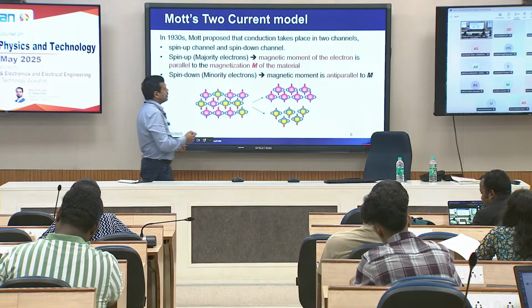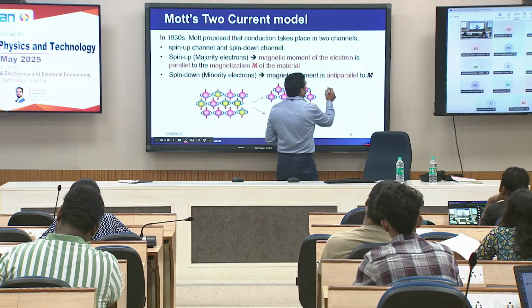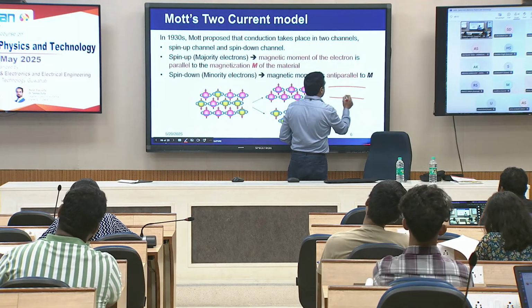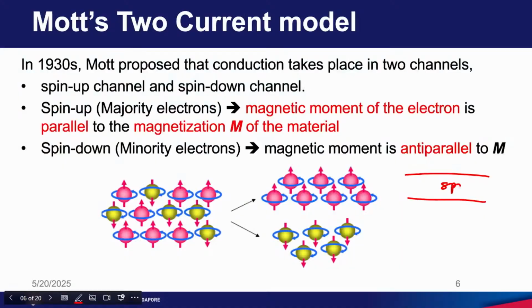Okay. So, he says that there is one channel for spin up electrons and one channel for spin down electrons. Okay. You can imagine it is like two roads.